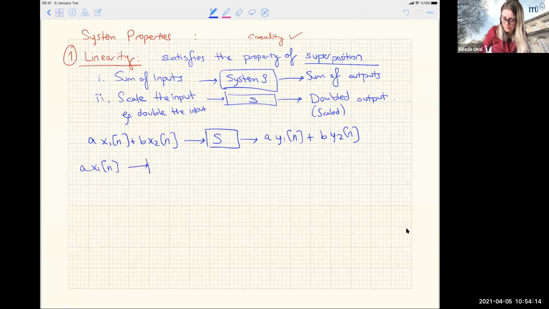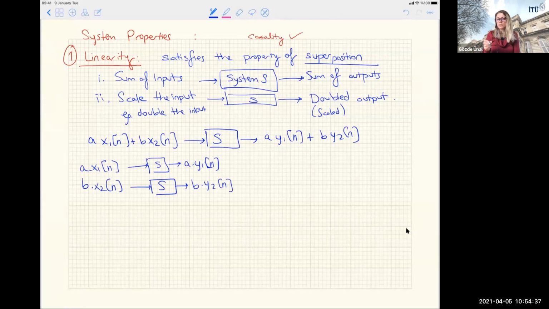Now I know if x1 gives y1, this would give a y1 of n for a linear system. Similarly, take scalar b, multiply another input x2, which goes through the same system, and I get b y2 of n. So y1 is the output of the system S to x1, and y2 is the output of the system S when x2 is input. You see these two summed up are equal.